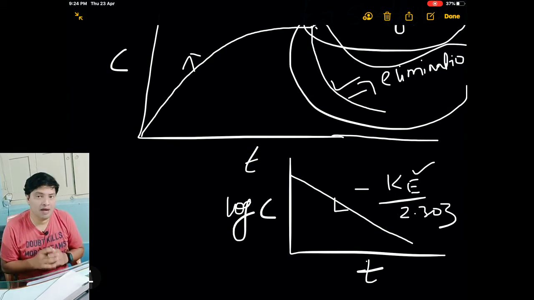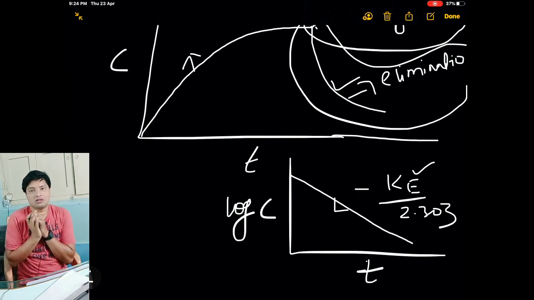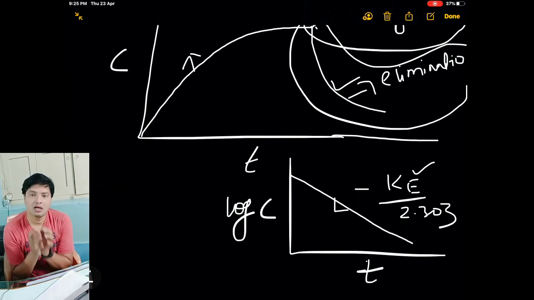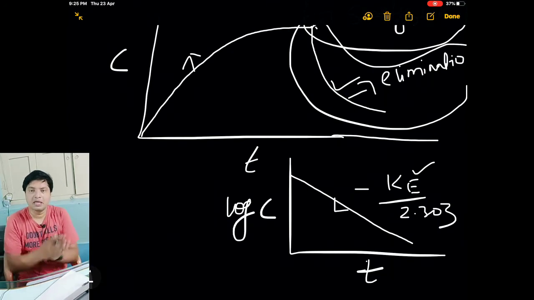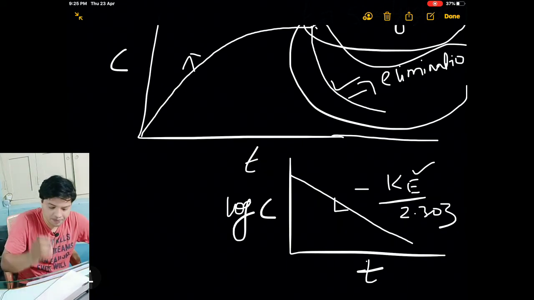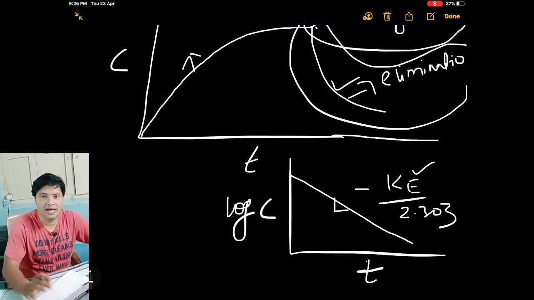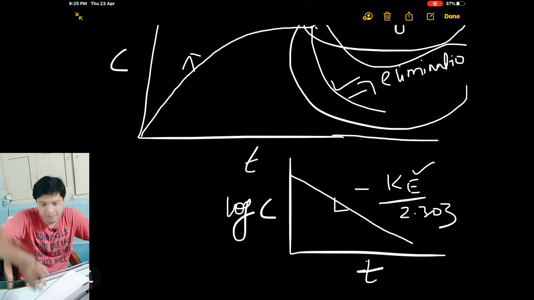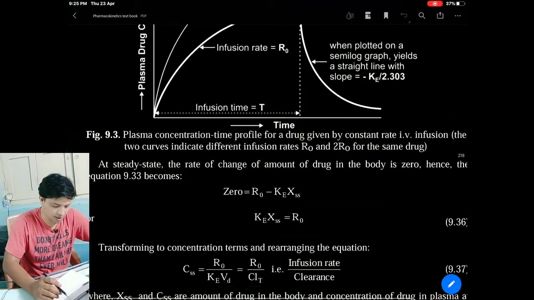Now suppose I want to know Ke from steady state concentration. That is also there, remember this one part. From the elimination part you can also calculate the half-life and Ke of the drug.